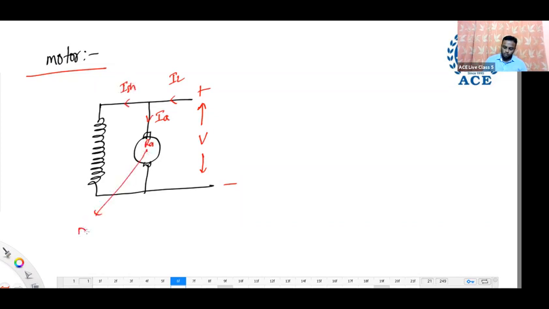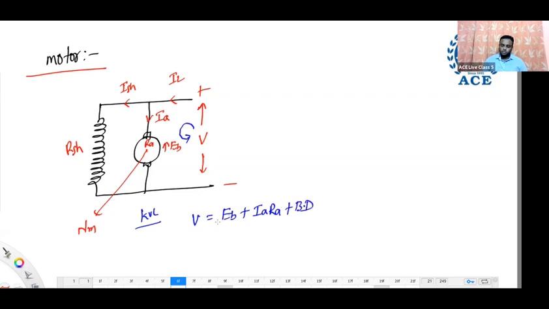Let the motor speed be NM. Now in a motor, whatever EMF is induced, what do we call that? Back EMF. Every motor same. Now input voltage is V here, and we are getting some output voltage in the armature, EB. So the KVL equation is V equals EB plus drops, IA RA drop plus brush drop.